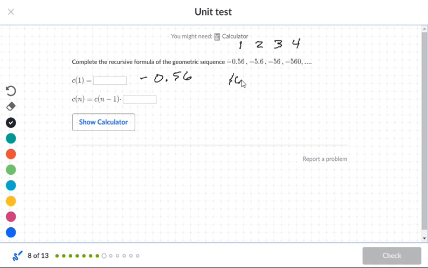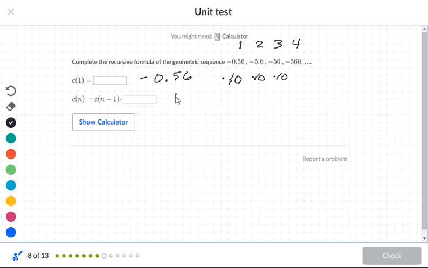So what they're actually doing is multiplying by 10. Negative 0.56 times 10 would slide the decimal over one place, and negative 5.6 times 10 would slide the decimal over and make it negative 56. If we multiply this by 10, this would give me the negative 560.